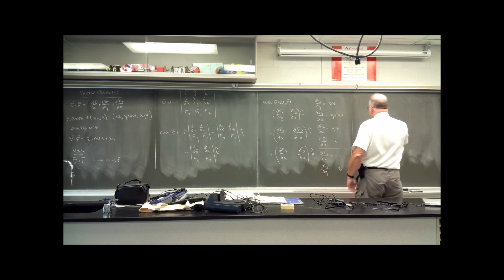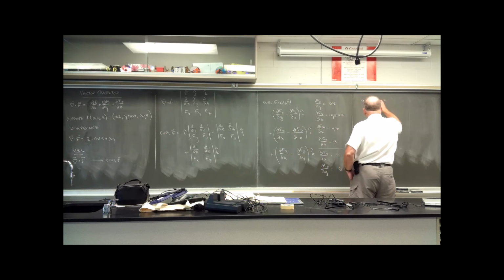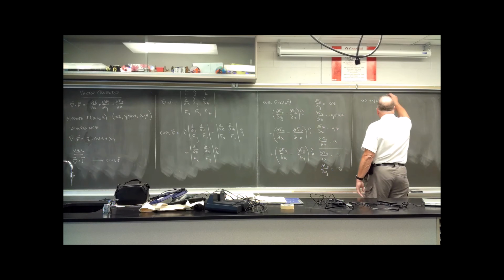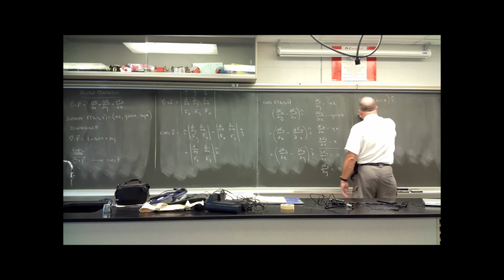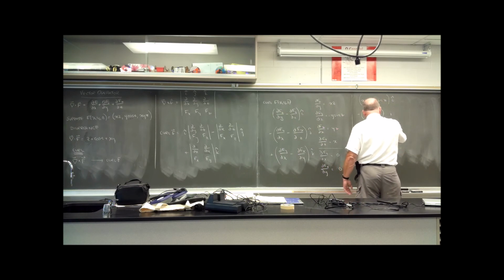So when we're all done, we're going to have xz plus y sine z, it's plus because this is negative and this is also supposed to be minus, quantity times i hat. And then minus, we have yz minus x, j hat, and then 0 k hat.